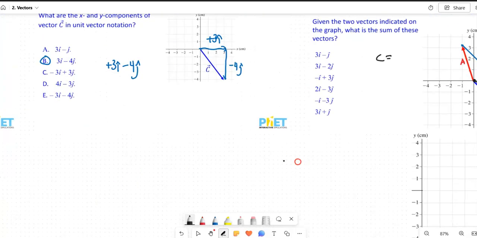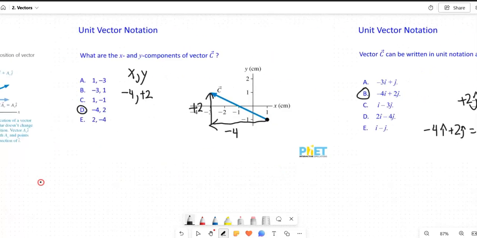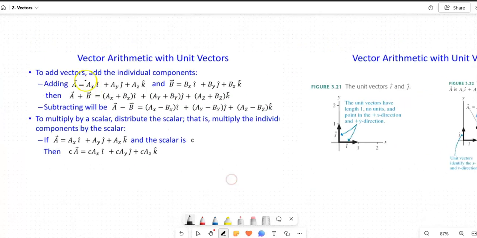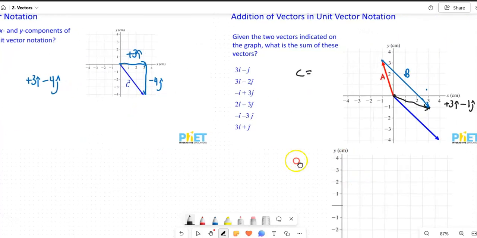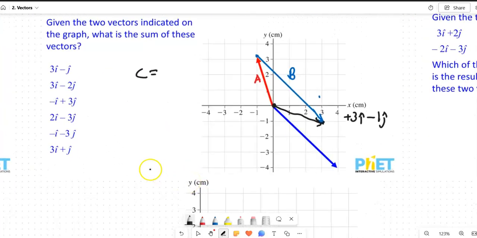We're going to take the x direction components first and add those together, and the y direction components and add those together. And some of those are negative, so we're actually going to be subtracting, but anyways.